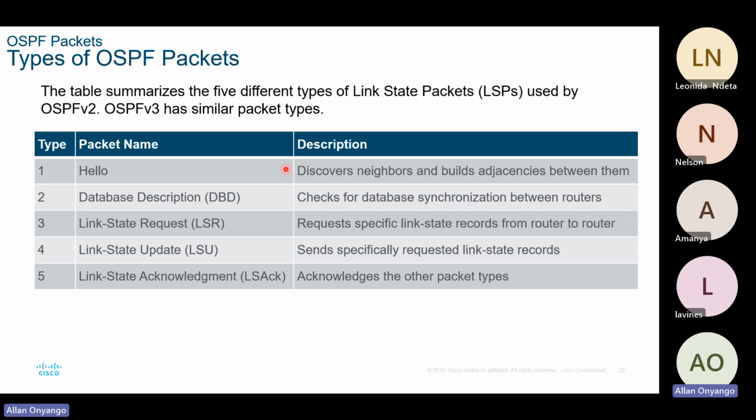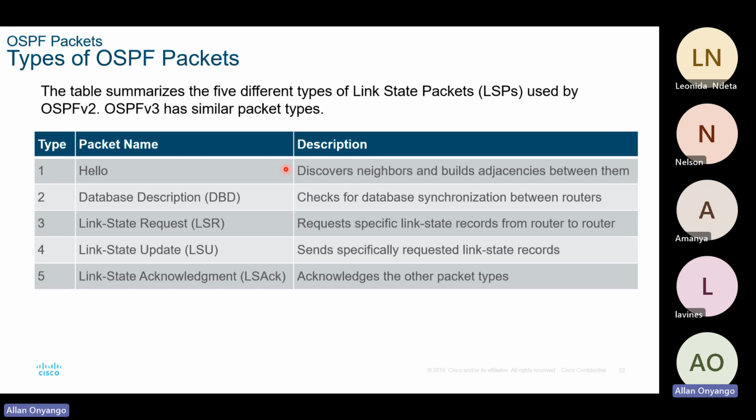For example, it might be your passport or your identity card. Only for you to realize that your neighbor is actually a senior person there. So you just go on to inquire from them. So if you ever need more information, once you have the database description, the routers use another message called the LSR, link state request. The link state request is used to request more information from the other neighbor.